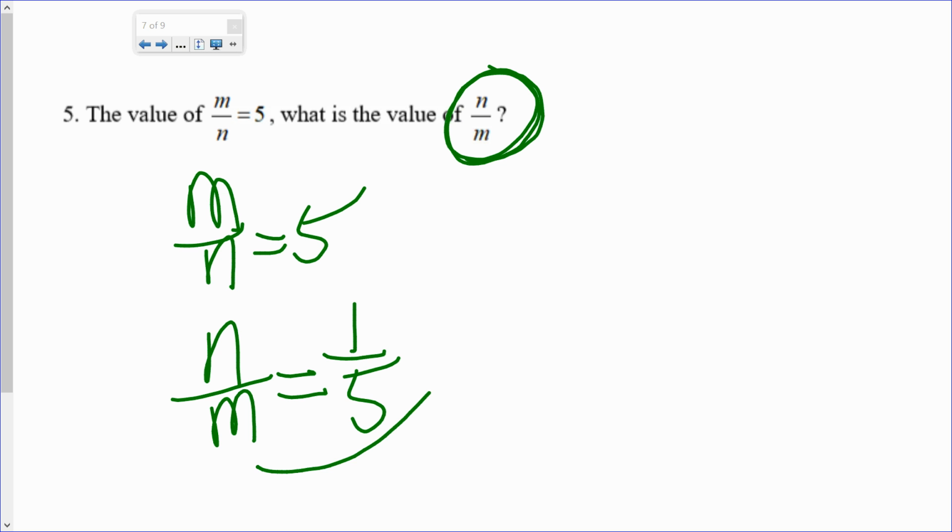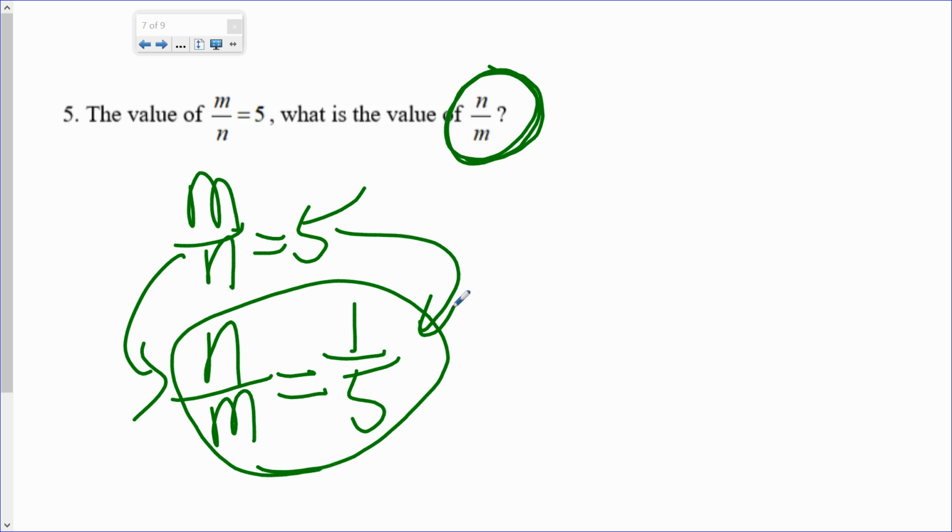So n over m must be 1 over 5. If I have to flip whatever my expression is, then I also flip the right-hand side. So if you ever need to do the reciprocal, just make sure you're doing the reciprocal of both sides.